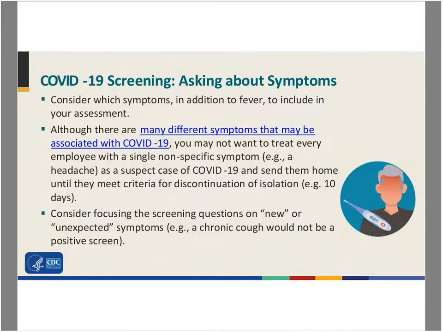So asking about symptoms, I've received a lot of questions about which symptoms to ask about, because you may have noticed on the CDC website that the number and variety of different symptoms that have been associated with COVID-19 has gotten quite broad now. But that doesn't mean that a screening system should necessarily include all of the symptoms weighted equally.